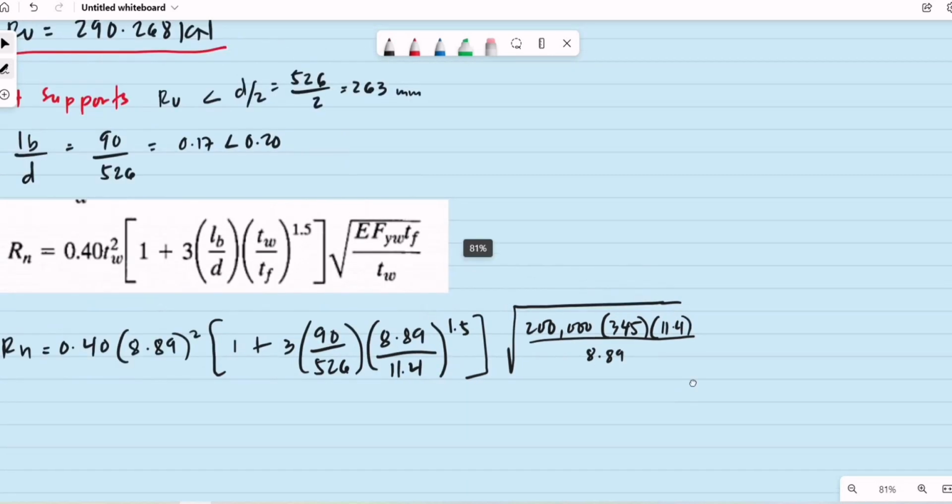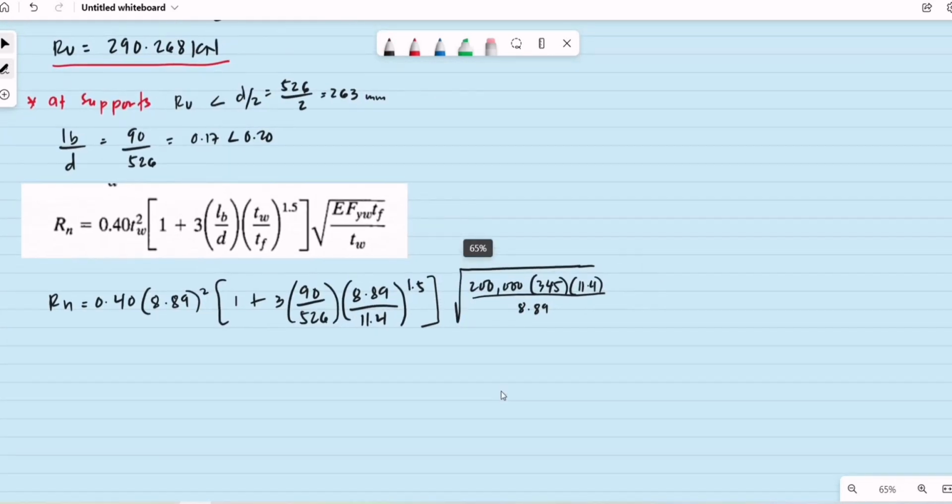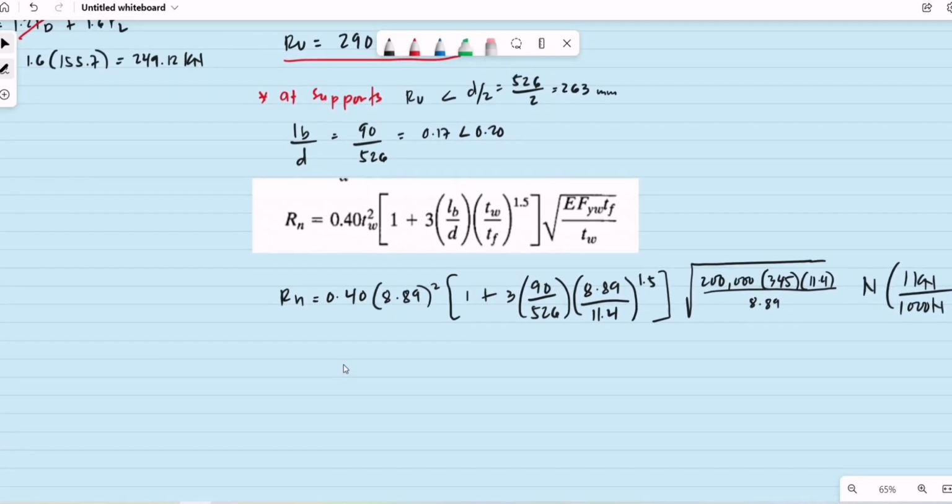If we do unit analysis, the resulting value will be in newtons. So we multiply by 1 kilonewton per 1,000 newtons for the final value of R sub n to be in kilonewtons.